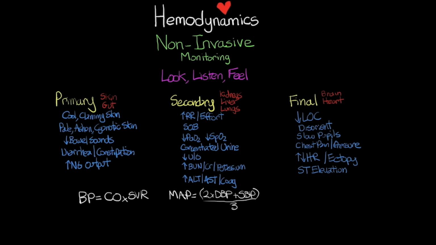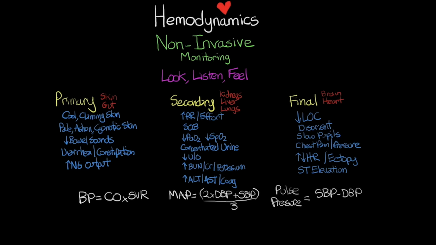And the last thing that I want to talk about in here is a concept that we call our pulse pressure. And our pulse pressure is a simple equation where we just take our systolic blood pressure and we subtract our diastolic blood pressure.